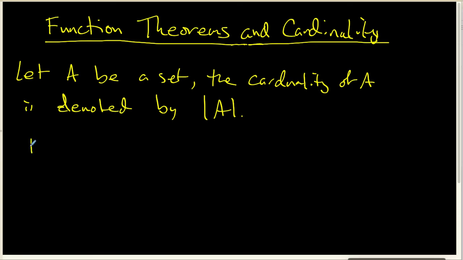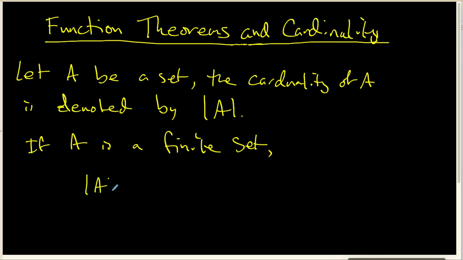But if A happens to be a finite set, then the cardinality of A is very easy to understand. The cardinality of A is nothing more than the number of elements inside the set A. Again, if A is not a finite set, cardinality takes a lot more effort to define, and that's beyond the scope of this video.